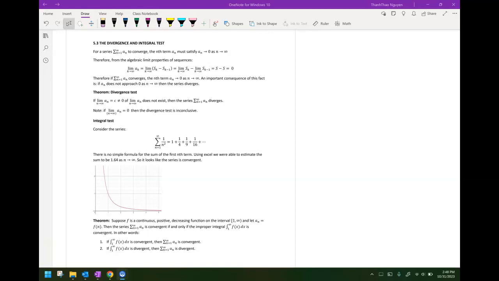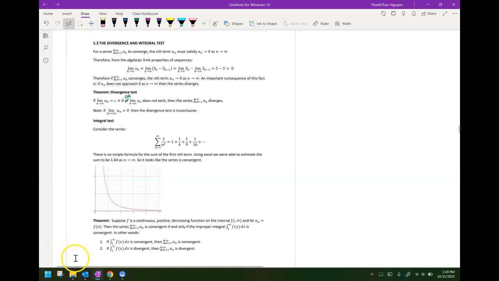If the limit as n approaches infinity of a sub n equals a number c that is not 0, or the limit does not exist, then the series diverges. Note that if the limit as n approaches infinity of a sub n equals 0, then the divergence test is inconclusive, which means we can't say anything about whether the series actually converges or diverges.